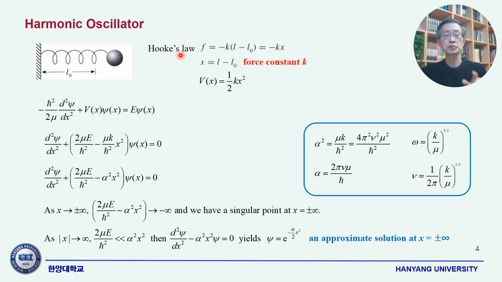Actually, I just went over Hooke's law. Hooke's law is that the force acting on the body or the spring is proportional to its displacement. So if the displacement is x, the force is proportional to x, and the proportional constant is k. We call it the force constant.